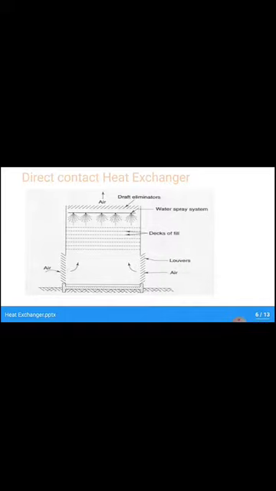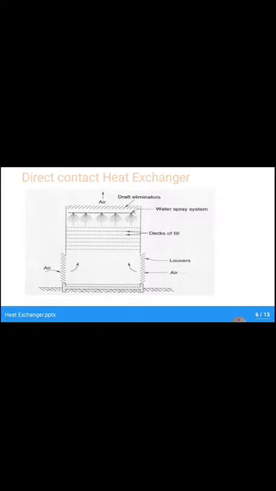Now if you visit a sugar factory, to regenerate the water we use cooling towers. In the cooling tower, water vapors are flowing, and from the upper side of the tower we have water showers. While the droplets come down, they collect the water vapors along with them and minimize their energy.